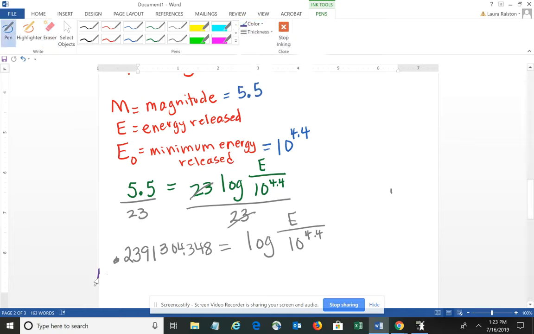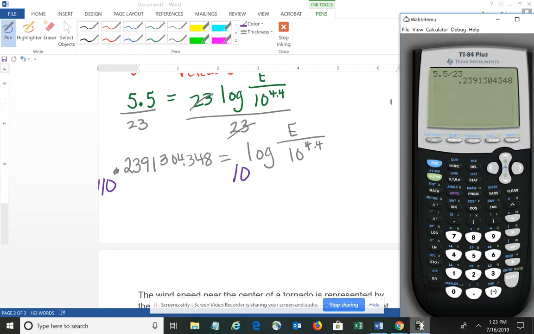So on the left side, I want to do 10 raised to that decimal exponent, which is in my calculator's brain. So I'm just going to pull it in.